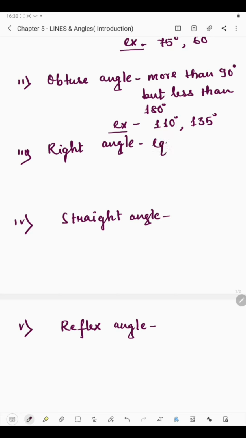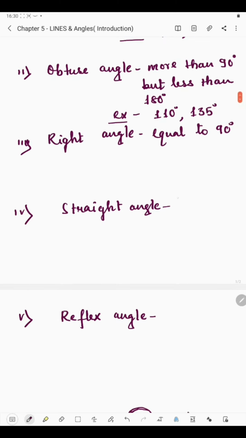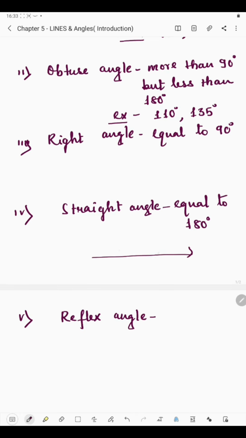Now right angle is equal to 90 degree. It is exactly equal to 90 degree. Okay. Now straight angle is equal to 180 degree. Now if you draw a line, and suppose here is 0 degree.